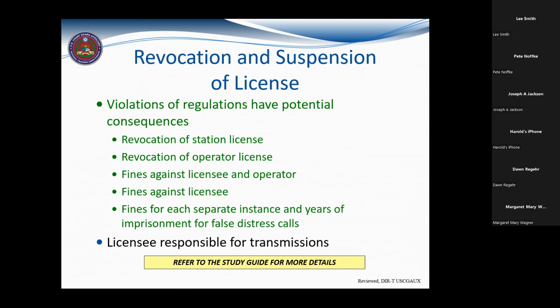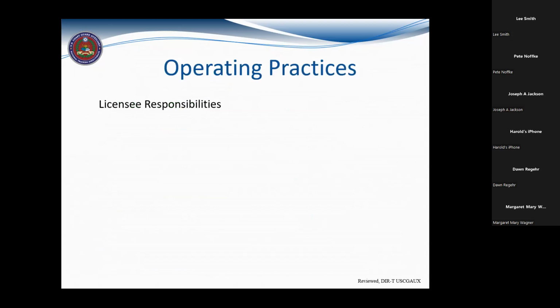Hello, hello, anybody out there? Can you hear me? I'm sinking, hello. If we could identify those people, they would be subject to penalties. So the licensee is responsible for the operation of the radio.